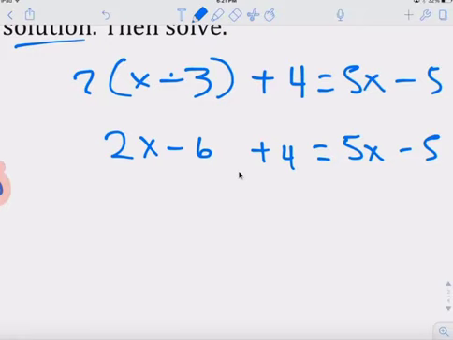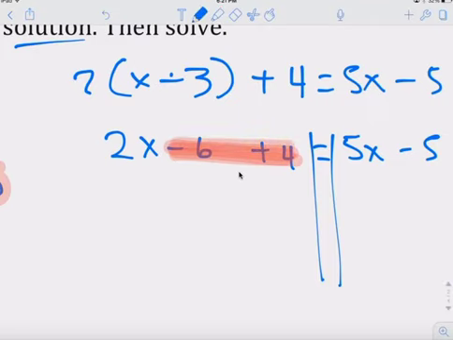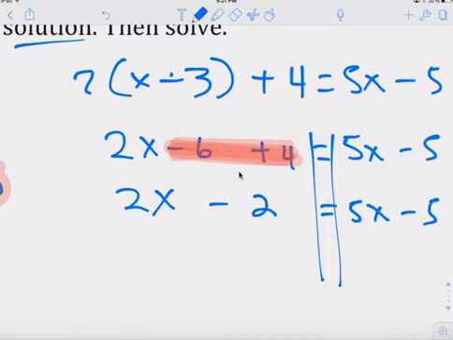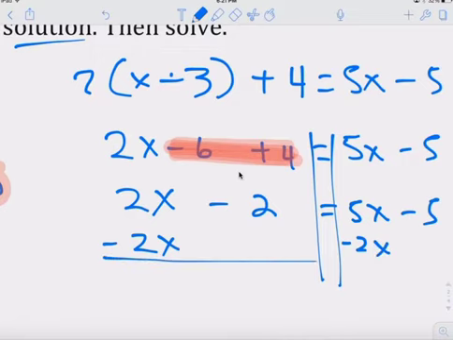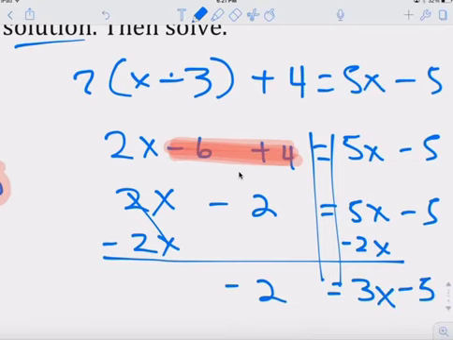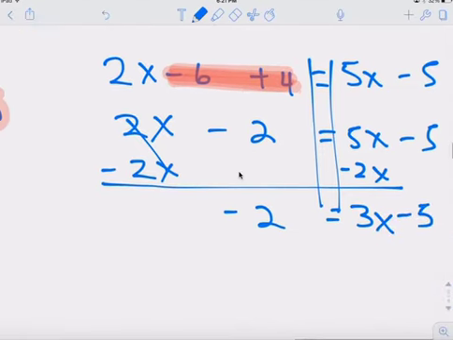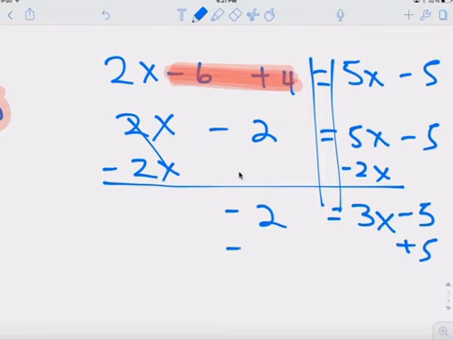Well, we always combine like terms first. 2x minus 2 equals 5x minus 5. Subtract 2x, subtract 2x. Negative 2 equals 3x minus 5. And then you add 5, add 5.